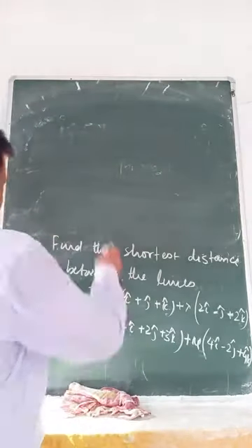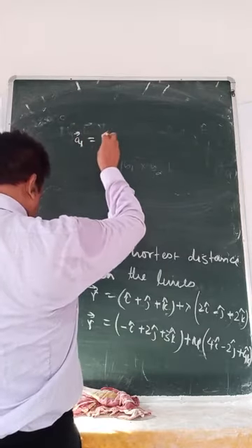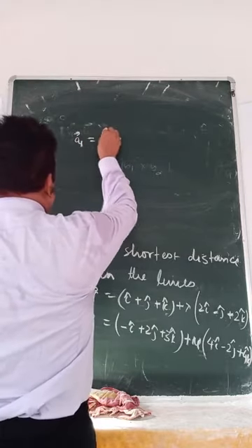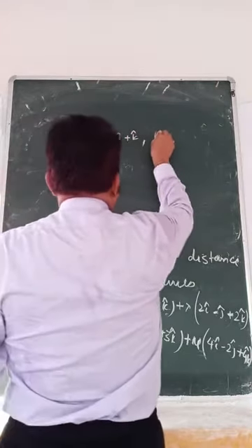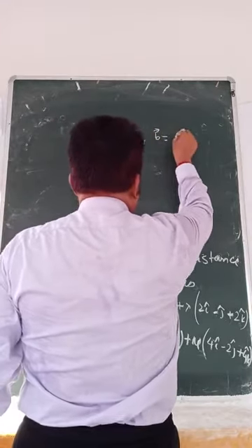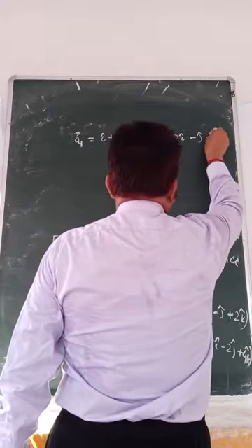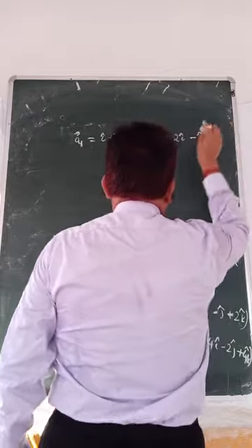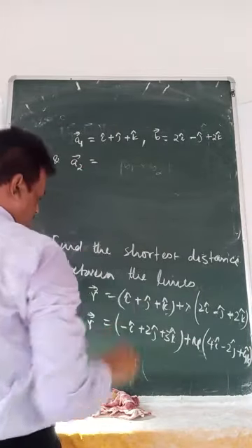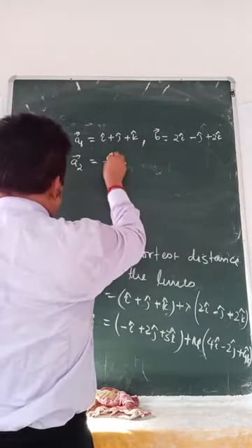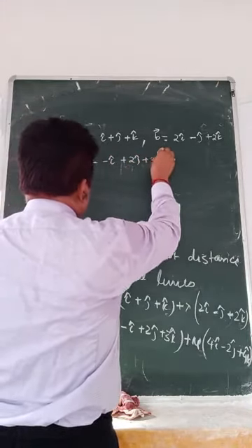So you can write a1 is i + j + k, b vector is 2i - j + 2k, and a2 is -i + 2j + 3k.